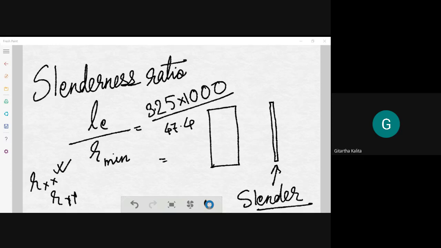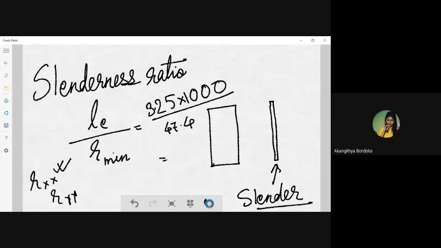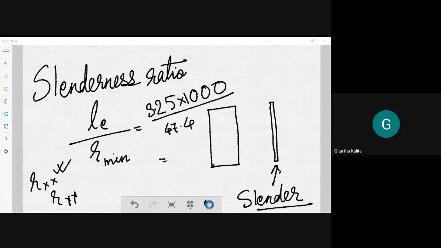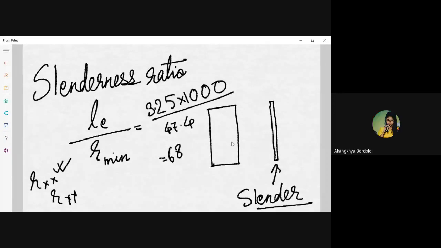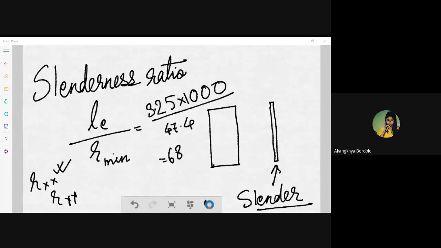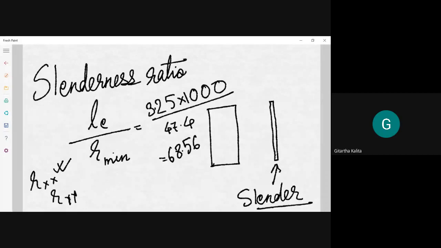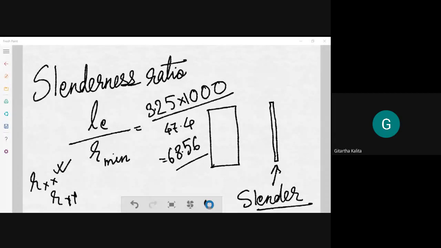Have you understood? Yes. The table containing the back-to-back angles, from there you will get the Rxx and Ryy. So when you divide it, you will get around 68.5 something. Have you got it? Yes, sir. Okay.